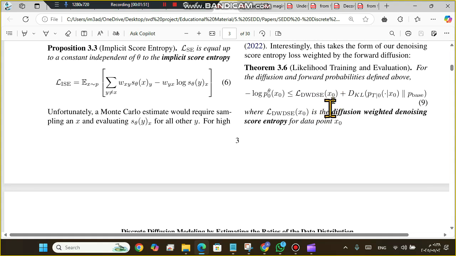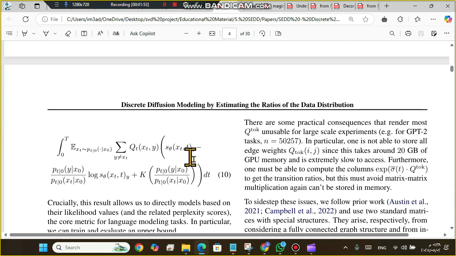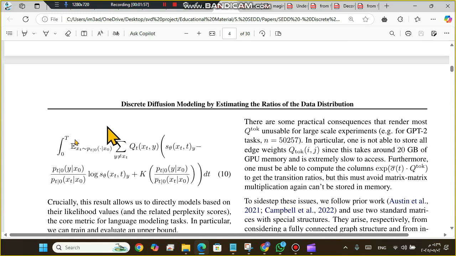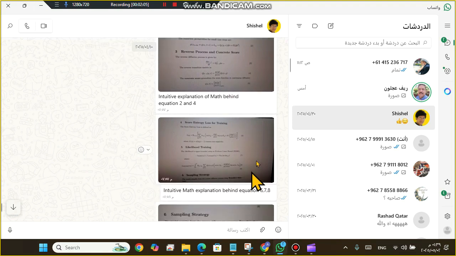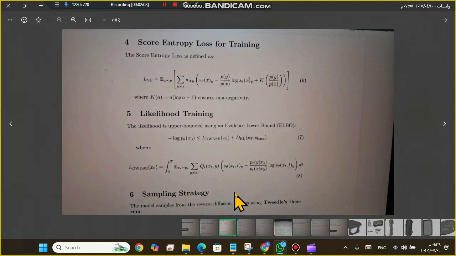It says that this part will equal this, which is exactly what we have ended up with. So hopefully this answers the question of what's the intuition or origin of those equations. This is the inequality which we have now explained, and this is the part which we have derived over here. This is the same part, repeated over here. So hopefully this answers this question for you.